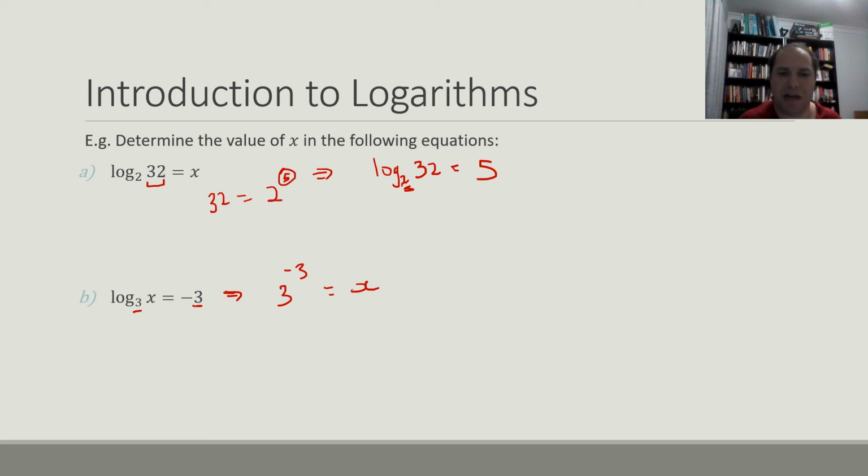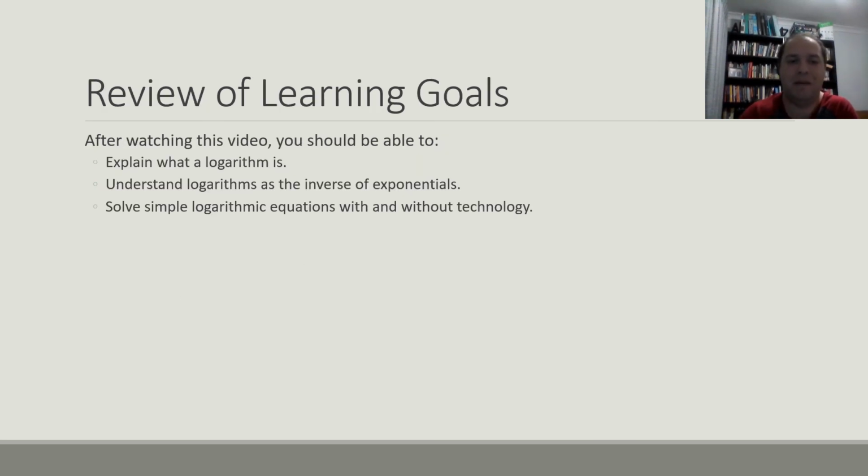So rearranging that one, that's 1 over 3 to the 3 equals x. 3 to the 3 is 27. So x equals 1 on 27. And that's how we can solve a different sort of logarithmic equation, where instead we have to work out the value. And we can do that just by rewriting our equation.